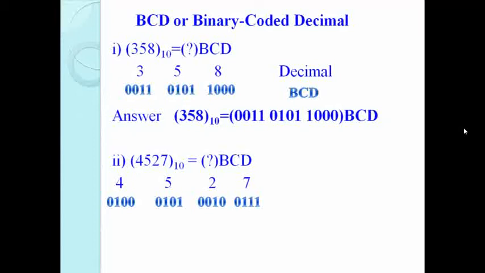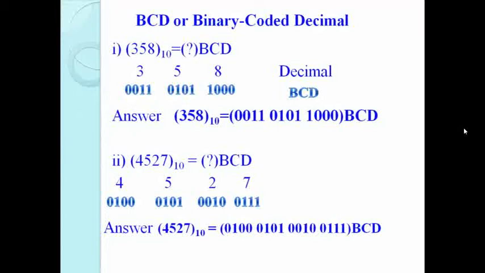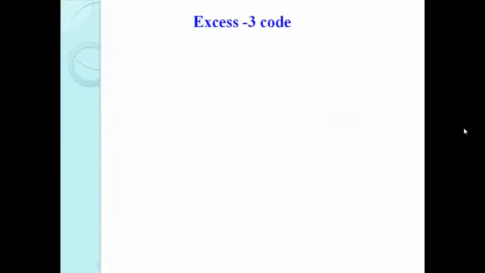So convert each individual decimal digit into an equivalent 4-bit binary number. So the answer for 4527 is 0, 1, 0, 0, 0, 1, 0, 1, 0, 0, 1, 0, 0, 1, 1, 1 in BCD.